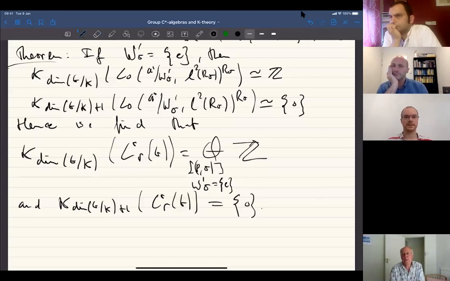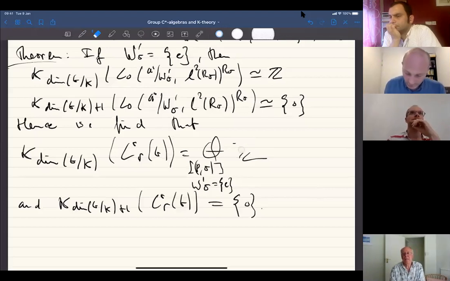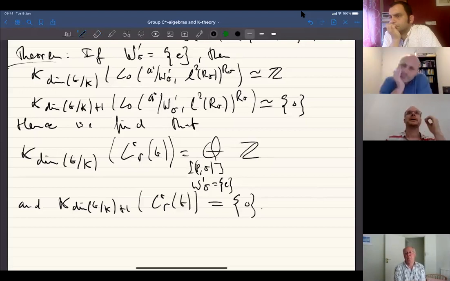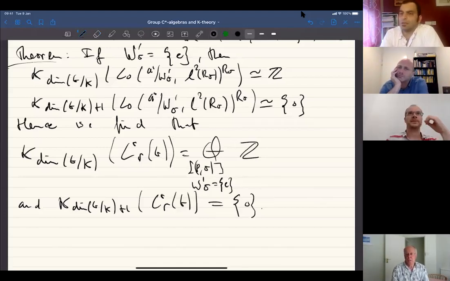Just wants to comment. Yes, so the W sigma prime was trivial for the non-spherical principal series of SL2R. It was Z mod 2 for the spherical principal series. And therefore, in the case of SL2R, you get one generator for every discrete series representation and one for the whole non-spherical principal series.